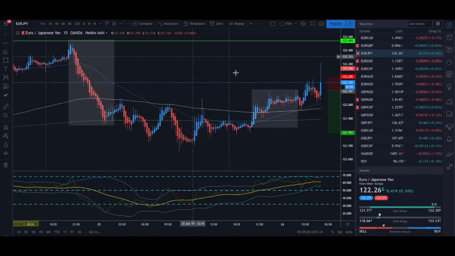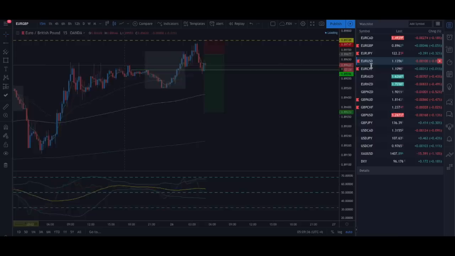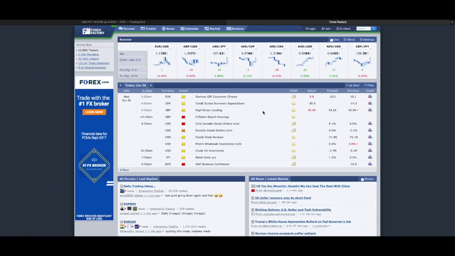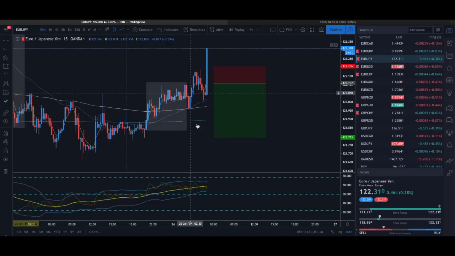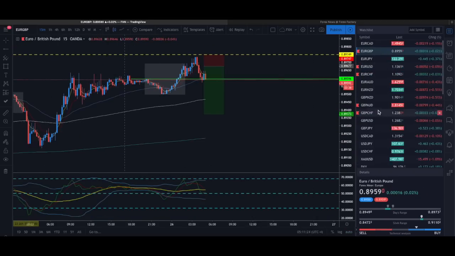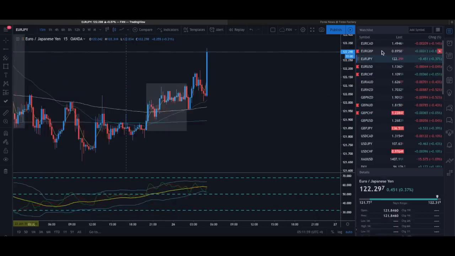But looking at Forex Factory, there was news released about something to do with China traps or whatnot that had just been approved. And all the JPY pairs basically shot up, and it just took us out. So it's a 13 pip loss on that specific trade.